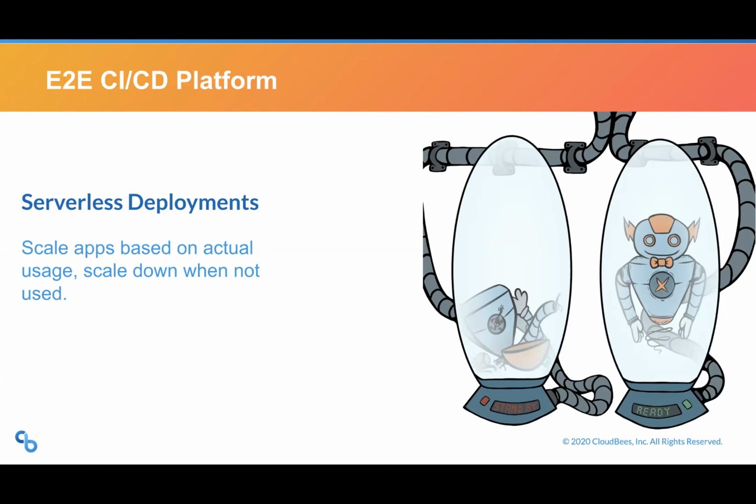Jenkins X gives you the ability to have applications deployed, but if there is no traffic to your application, then you don't have to pay for that bandwidth in the cloud, right? It scales down, and that's an out-of-the-box capability as of today. Serverless deployments using Knative, to be more specific.